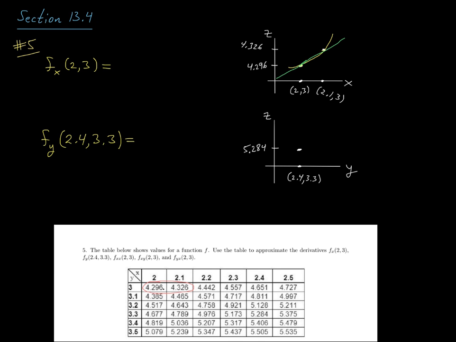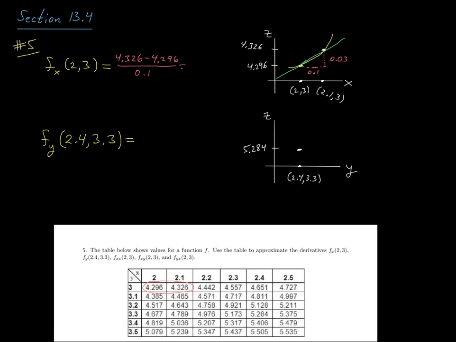It's just taking the difference in these two z values from our table: 4.326 minus 4.296. That gives us this vertical change in z, which comes out to 0.03. Then we divide that by the change in x, our run here, which is a difference of 0.1 as we go from one point to the next.